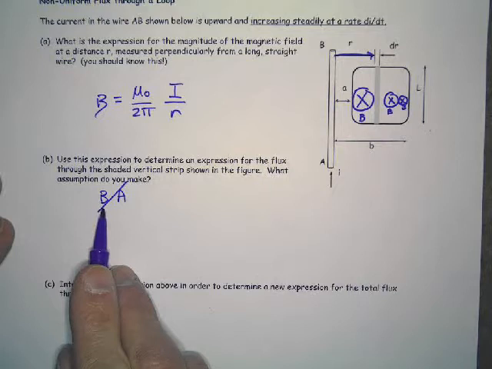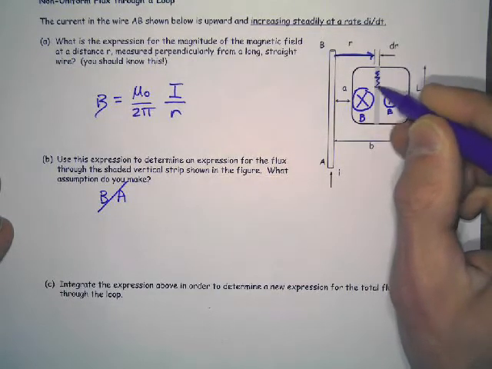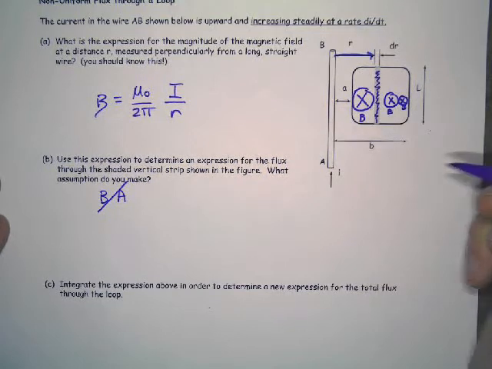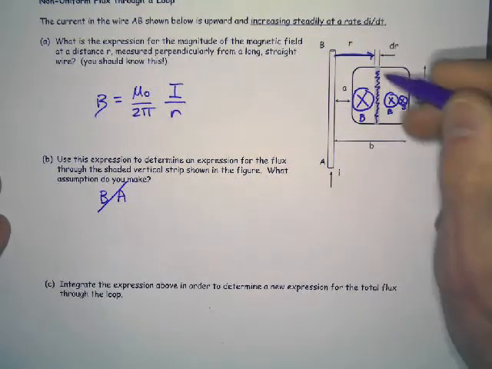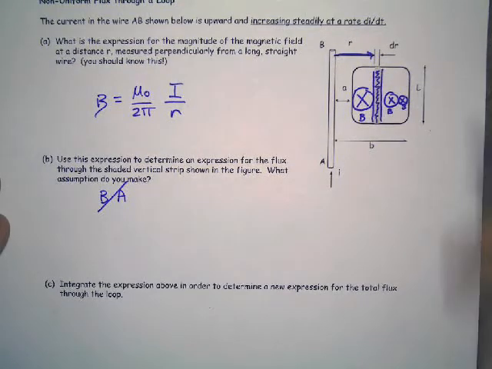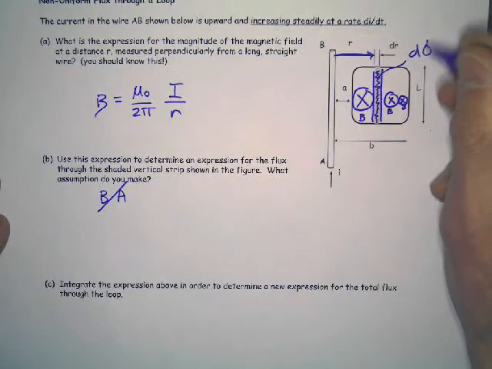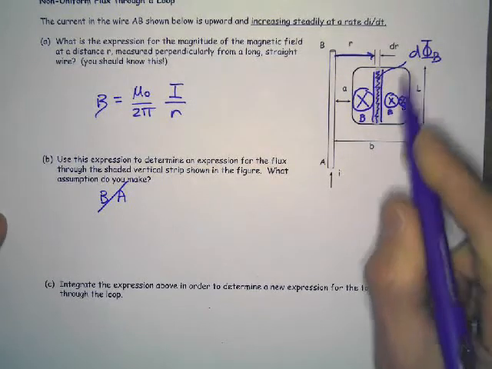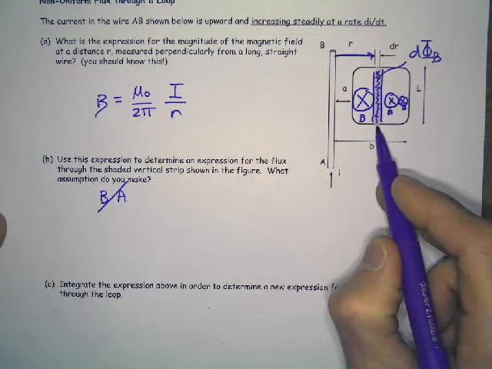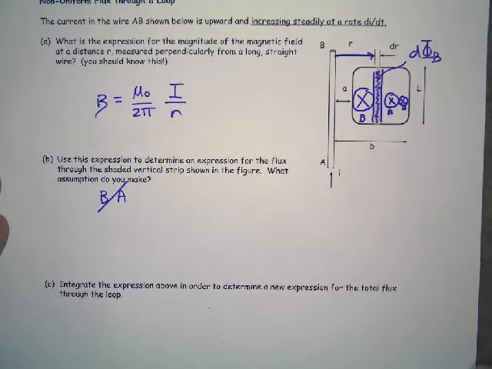What we're going to do is figure out the flux that happens inside of a wedge, I should say a very narrow, skinny rectangle. We're going to look at the flux that happens inside there, and we're going to do an integral to add up the flux across the whole inside of that rectangle.